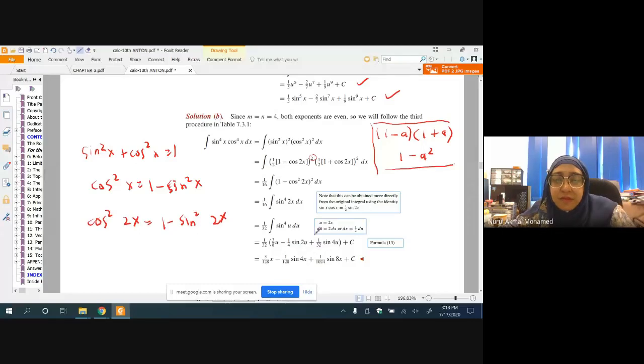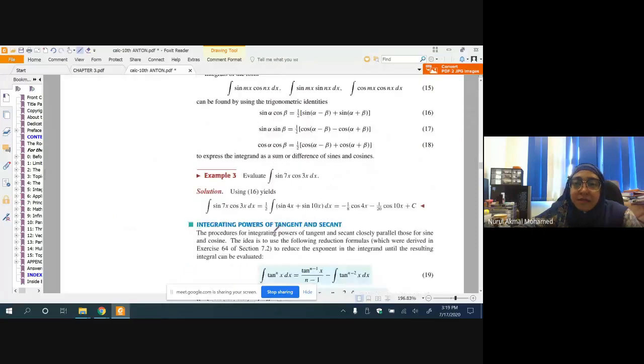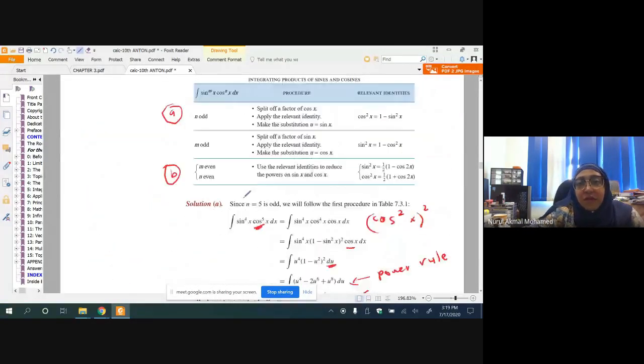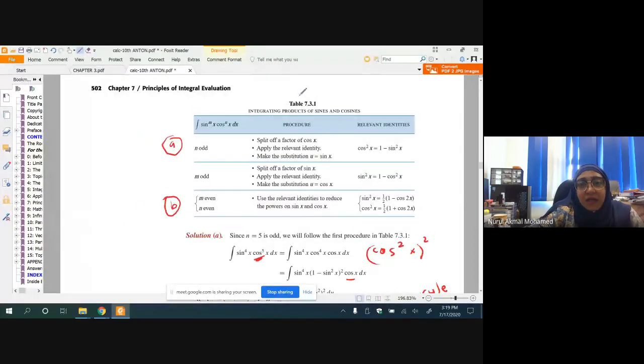They use formula 13. Okay, this is correct, and this is okay as well. That's it. So easy. Just follow those in this table.